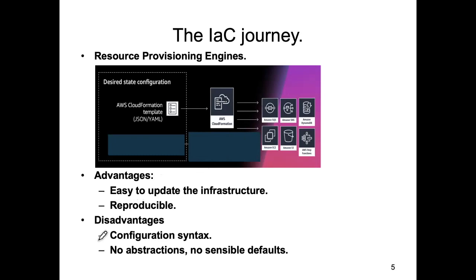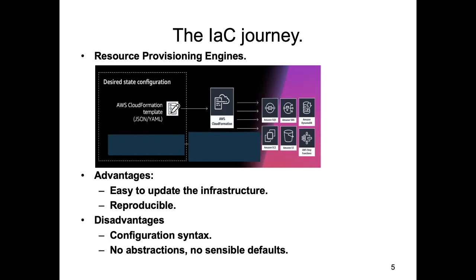Disadvantages with this approach, though, was that you wrote your code in the form of JSON or YAML, which isn't the nicest form of coding available to us. Also, the actual template files were very long, so hence they were kind of error prone. Because there were no abstractions available to you in this templating world.